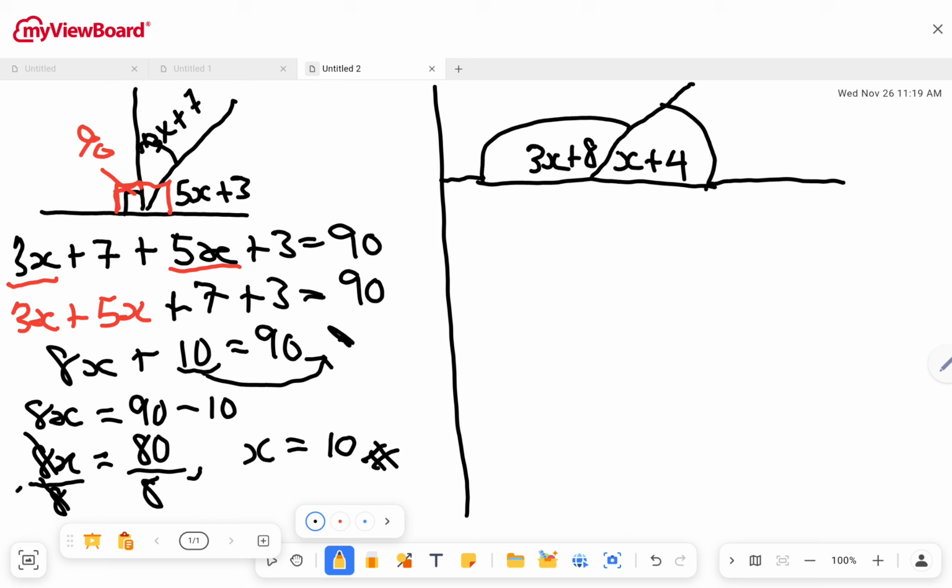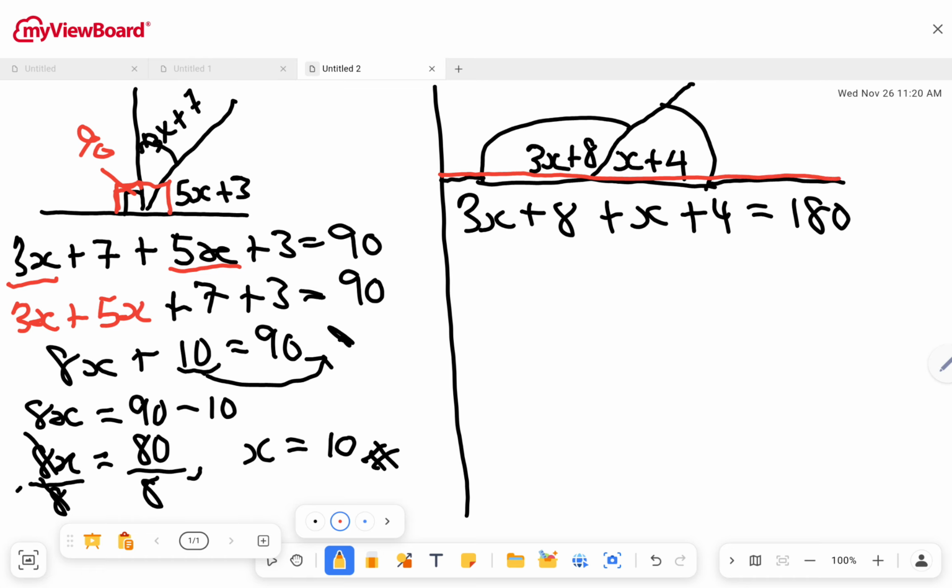So we are going to add 3x plus 8 plus x plus 4. Then we are going to equate it to 180. The reason why we are equating it to 180 is that this line that you are seeing here is a straight line.